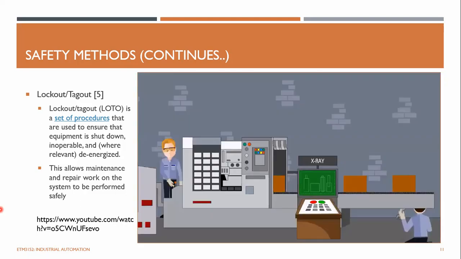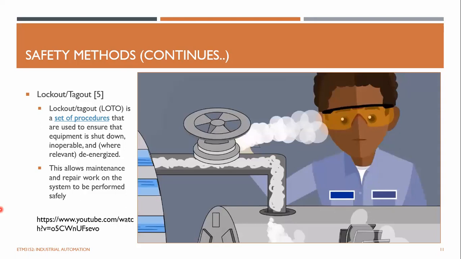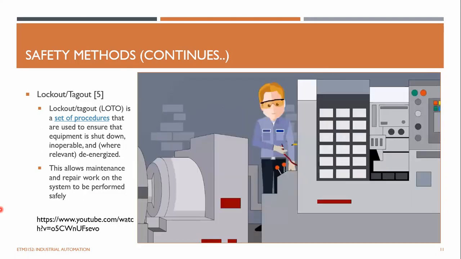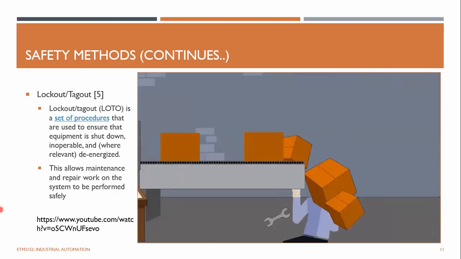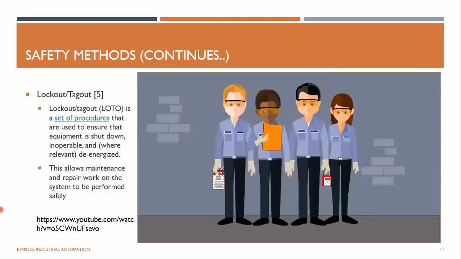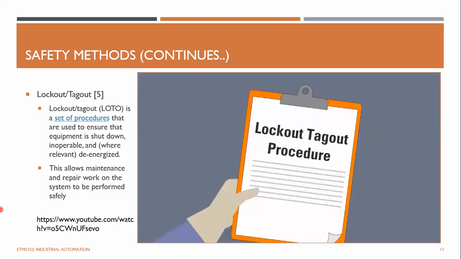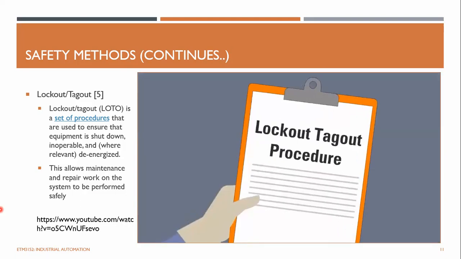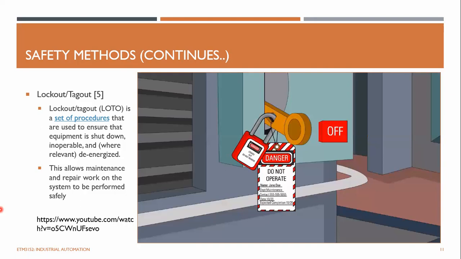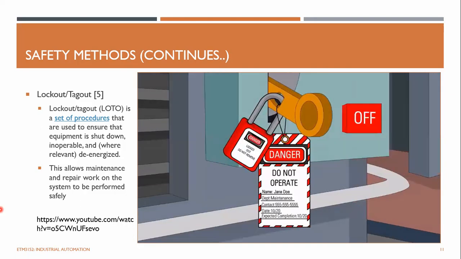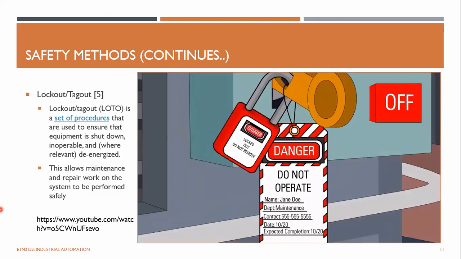But if this energy isn't controlled, it can be dangerous and even deadly. This becomes especially important during maintenance activities like inspections and repairs. The way to control hazardous energy is by using lockout-tagout procedures. In lockout-tagout, the lock physically isolates the source of energy to prevent any accidental activation. The tag provides important information.